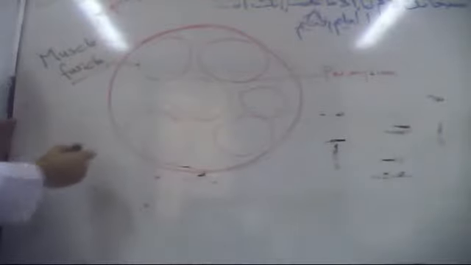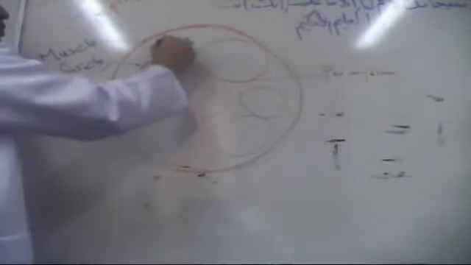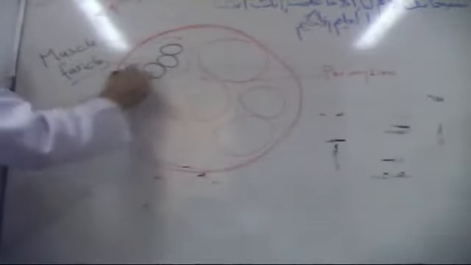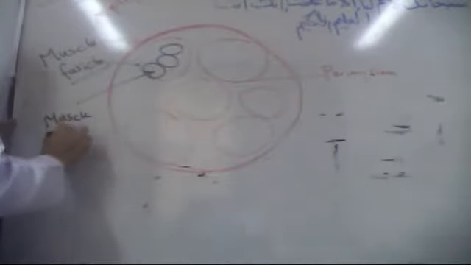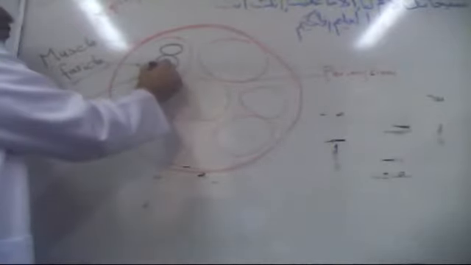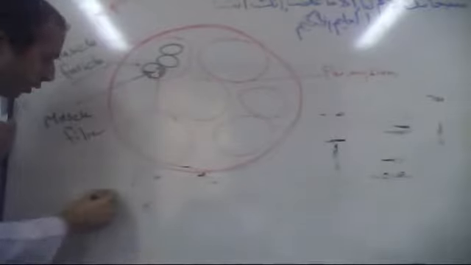The muscle fascicle is formed of something called the muscle fibers. And the muscle fibers, which are collected together to form the muscle fascicles, are formed of something inside which is called the myofibril.